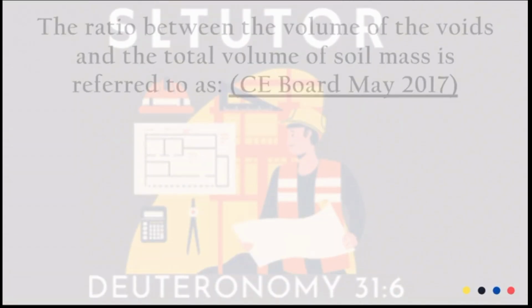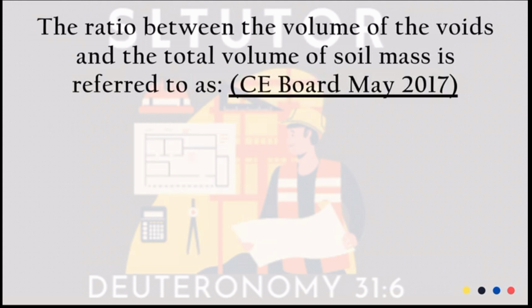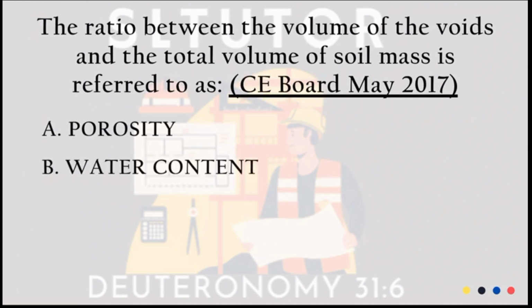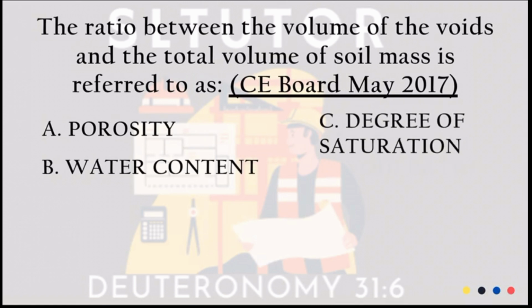The ratio between the volume of the voids and the total volume of soil mass is referred to as letter A, porosity, letter B, water content, letter C, degree of saturation, and letter D, void ratio. Since meron na po tayong sagot kanina na degree of saturation, we can eliminate this and we can choose the answer between A, B, and D. Sabi sa problem, the ratio between the volume of the voids and the total volume of soil mass.